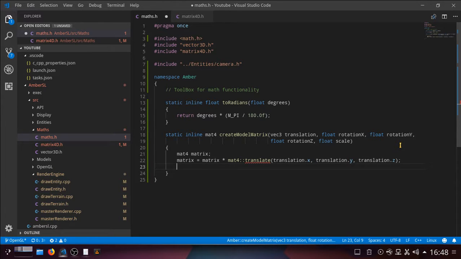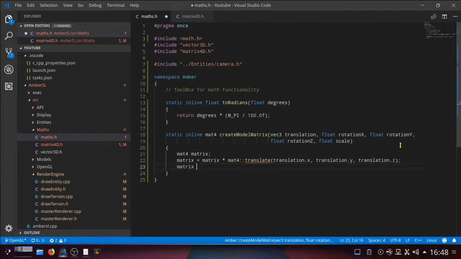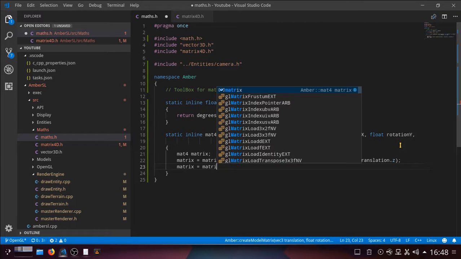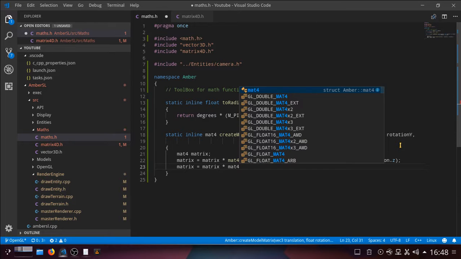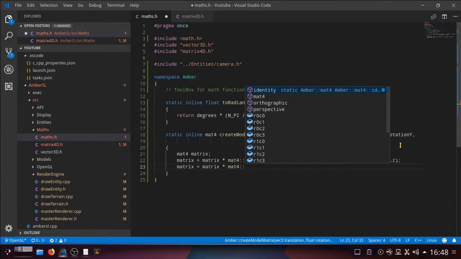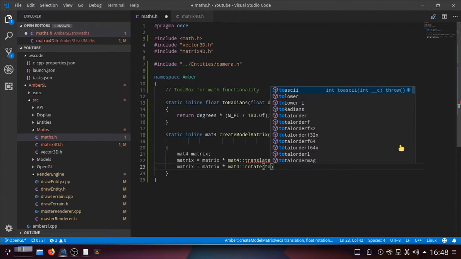We'll need a rotation matrix by the sound of it, because that's going to be our next. Matrix equals matrix times, and again it's going to be mat4 colon colon rotate, because we haven't written these yet, and it's going to be 2 radians.